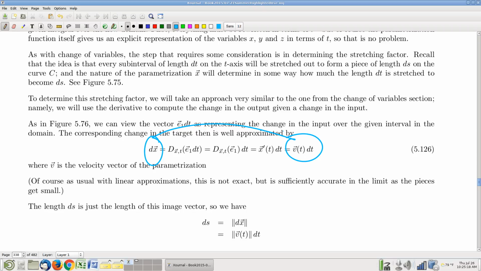Now, I know that this is a standard physics thing, right? Displacement is velocity times time. And I'm super good with that, if you want to interpret it that way, that's fine. The reason I went through this calculation is because I wanted to lay some groundwork. We're going to need to go through calculations kind of like this in the next section, where it's not as obvious, where there is no sort of physics point of view on it.